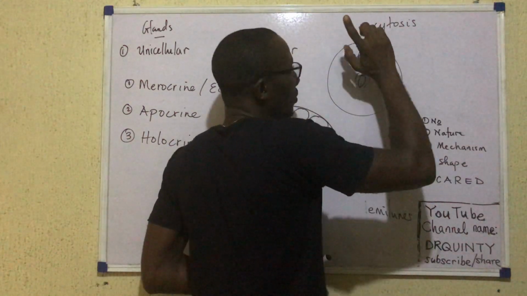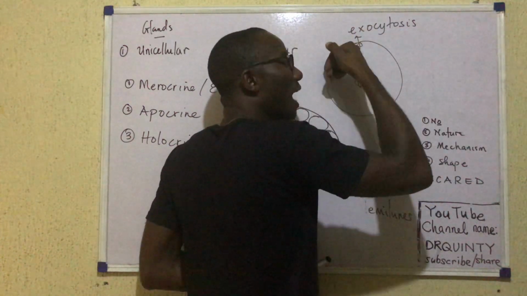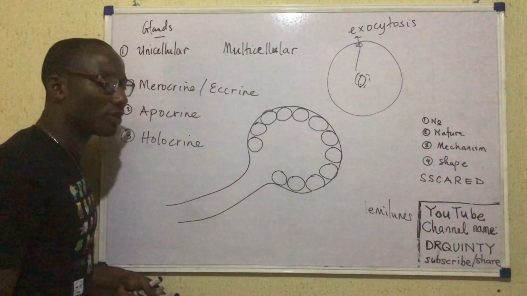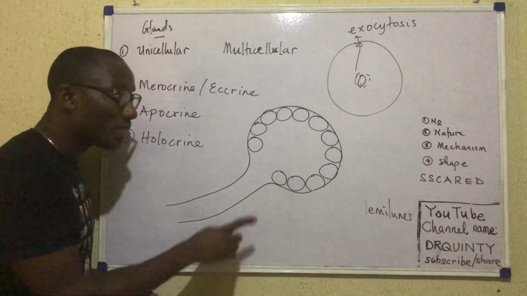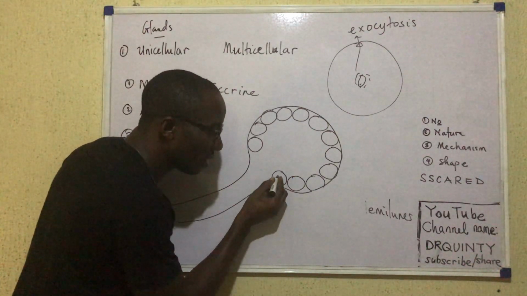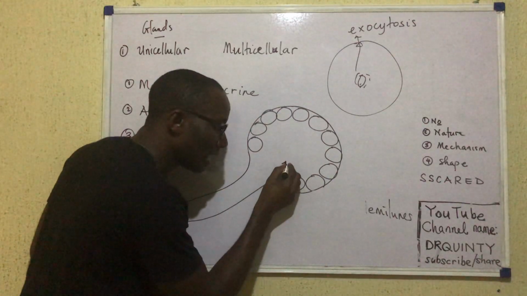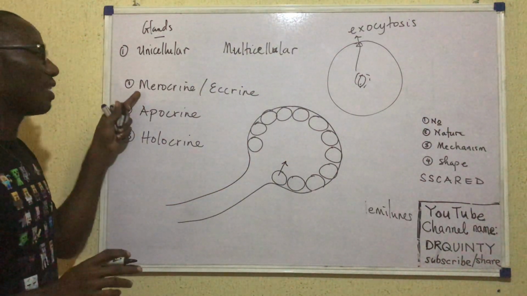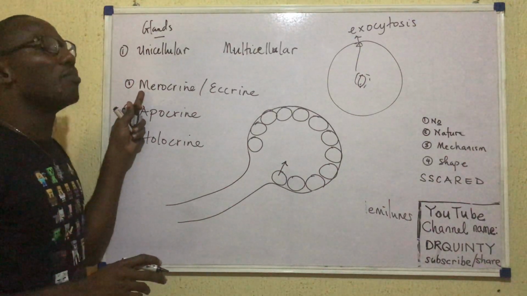So in exocytosis, materials are produced and transported out of the cell, maybe through special receptors or transporters on the membrane. That can happen here, such that materials have been produced in this cell and they get exocytosed. They just go out by exocytosis. In that case, we say that the secretion is merocrine.